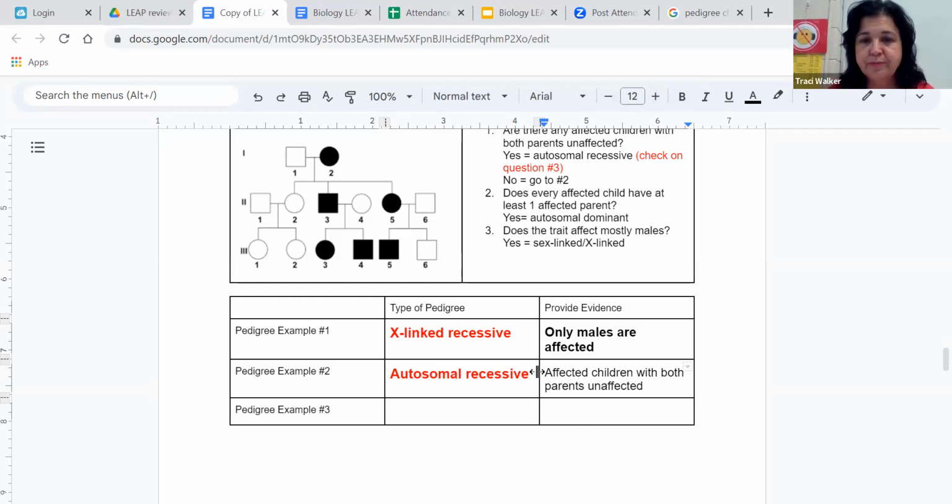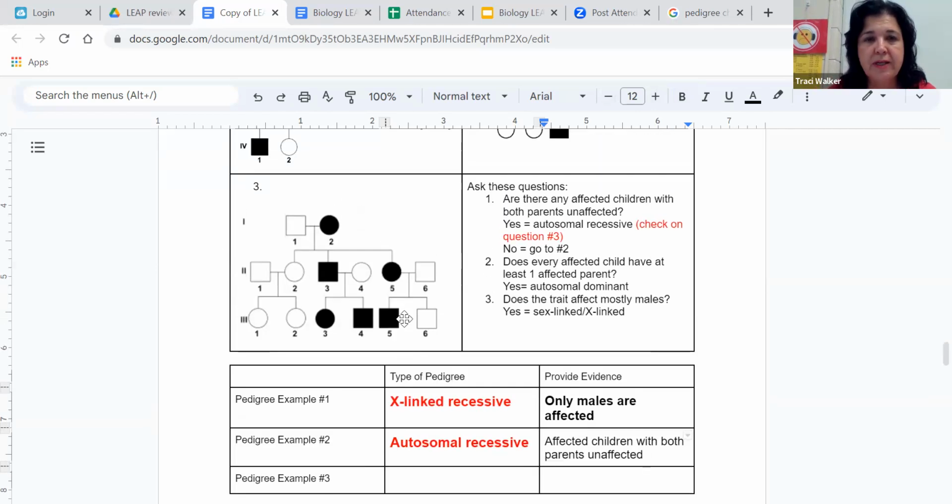Okay. Now let's look at number 3. Number 3 here, I'm going to ask my first question. Are there any affected children with both parents unaffected? So I'm going to take each person that is affected. So right here in generation 3, person 5, they are affected and their mom is affected.